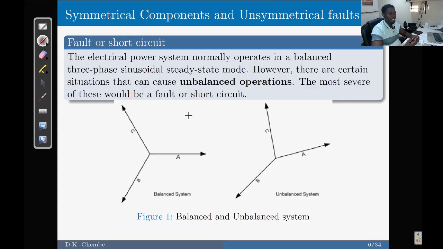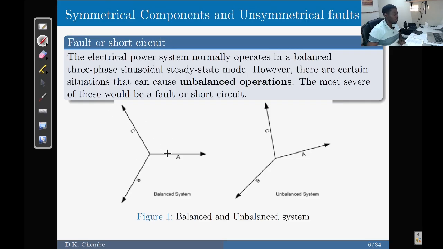In the unsymmetrical faults, rather, the situation becomes unbalanced, because the faults occur in certain phases, not in other phases, and that unbalance leads to the system becoming unbalanced. Okay, so what we see here is a balanced system.